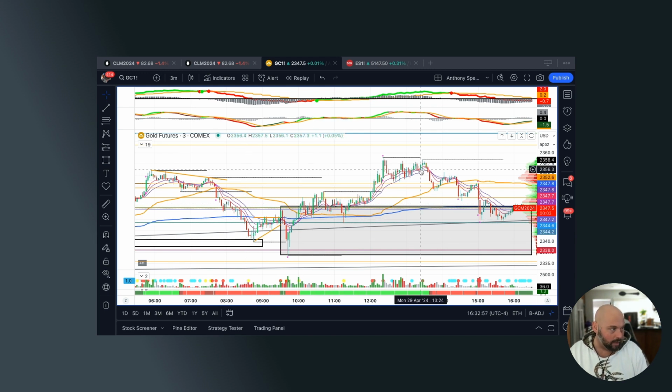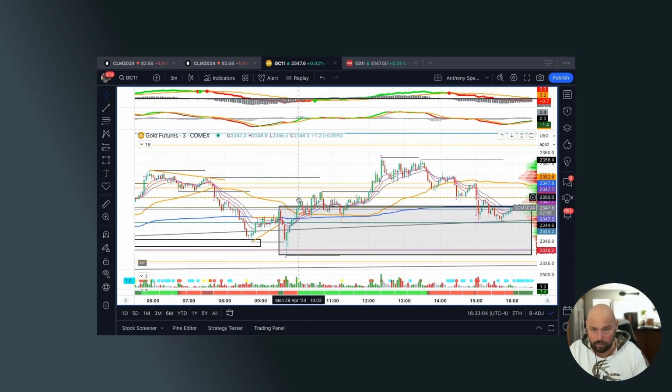At no point should you have considered shorting gold after the opening range had plotted, which is the first 15 minutes, 9:30 to 9:45 Eastern Standard Time, so New York Seaboard time. At no point should you have shorted gold until you see the double top that's plotted here at 1:27 p.m. Eastern Standard Time, or 13:27 Eastern Standard Time.